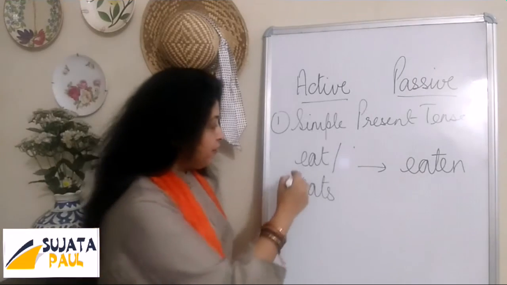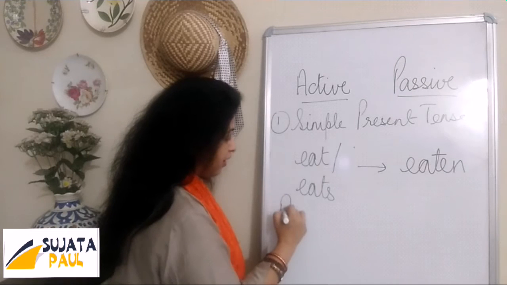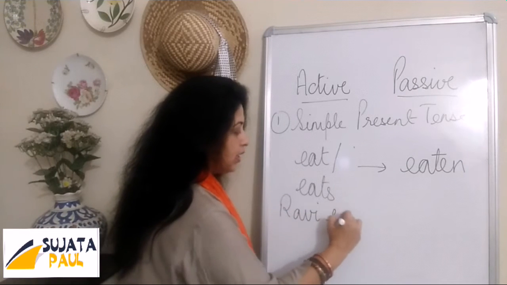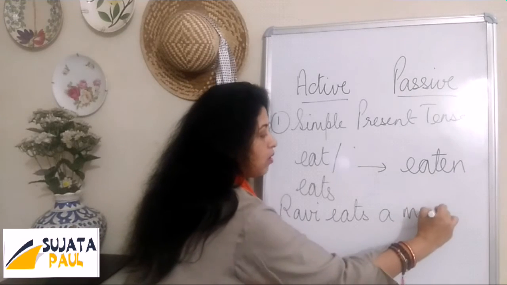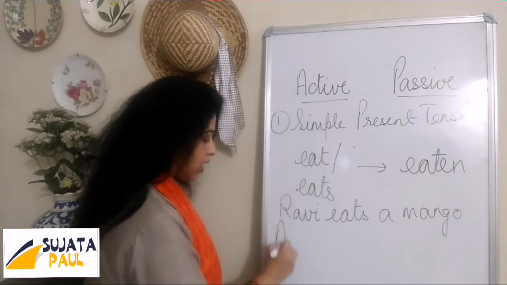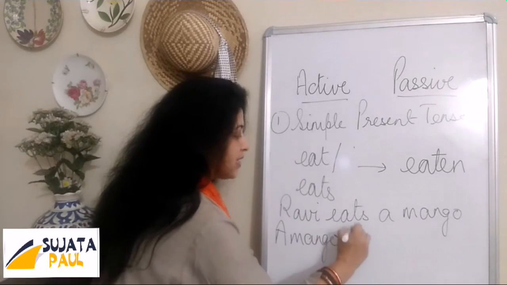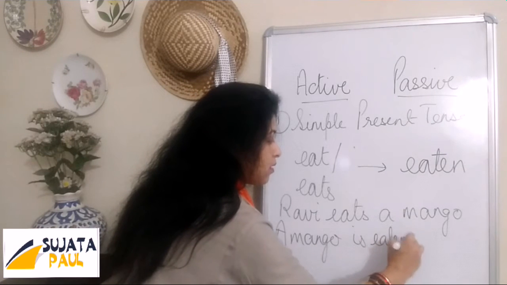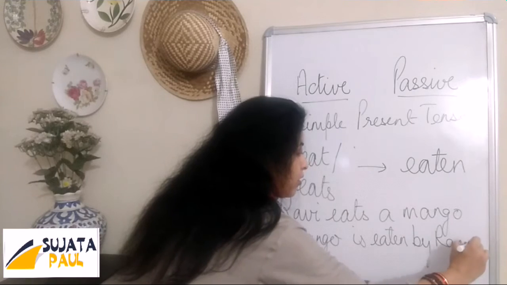Right? So if the sentence in active form is Ravi eats a mango, I will write a mango is eaten by Ravi.